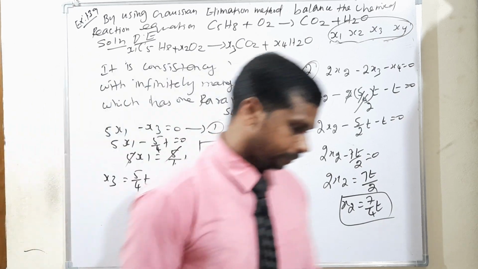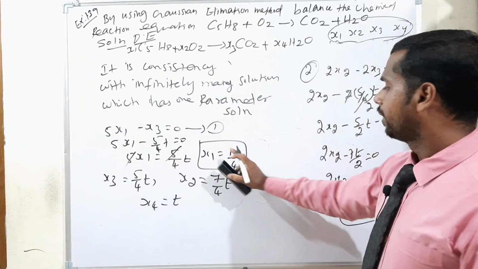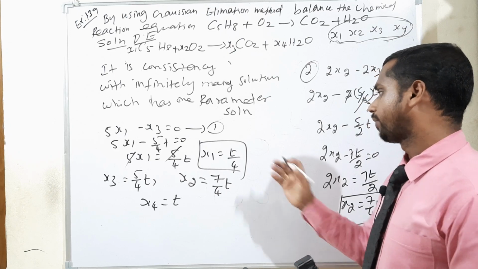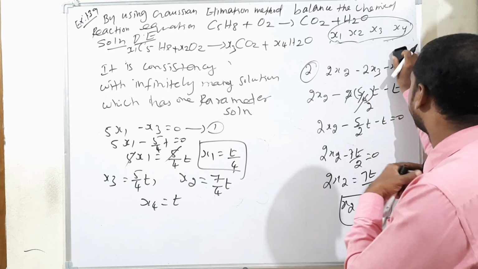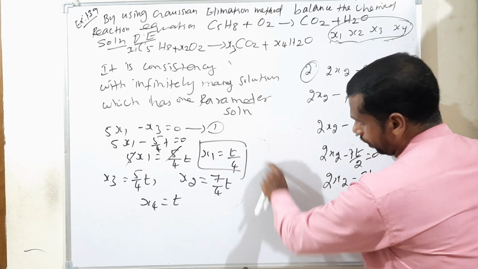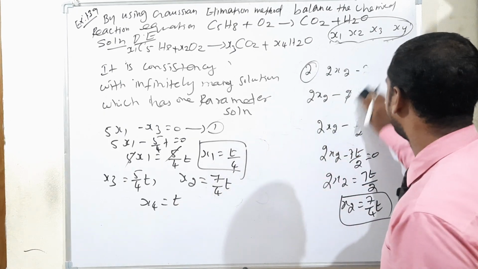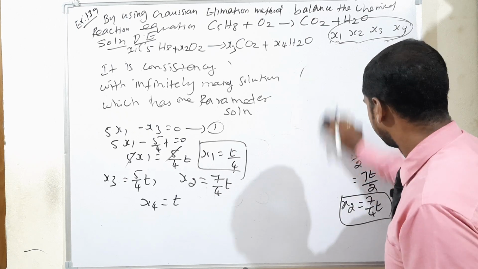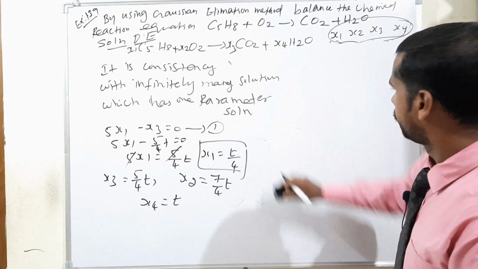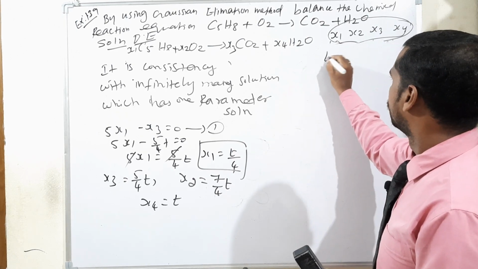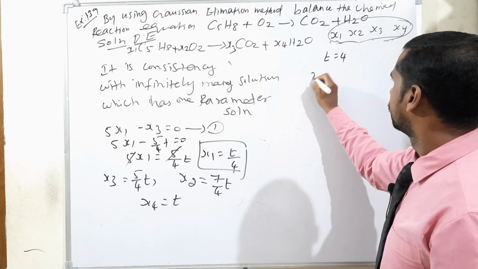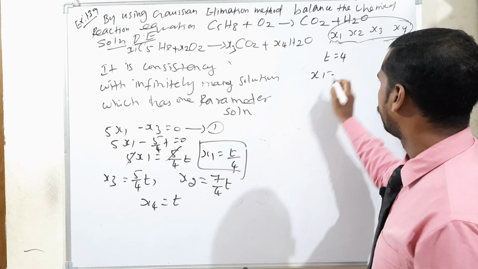Now each and every time the solution is a fraction. If we want to make it whole numbers, at least t should be taken as 4. So t is equal to 4. Then x1 is equal to 4 by 4, value will be 1.